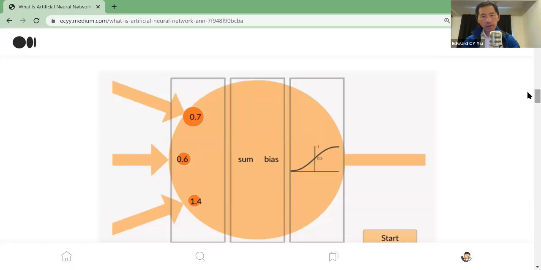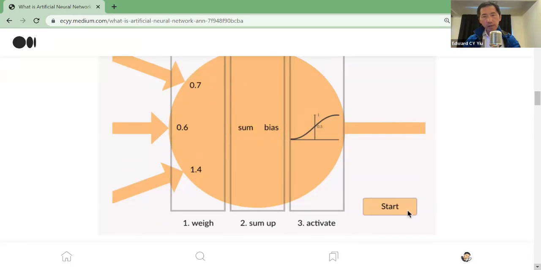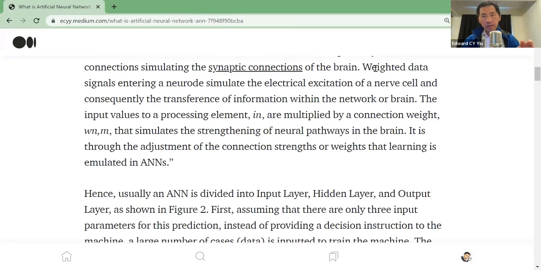So something looks like this diagram, right? We have on the left-hand side the input layer, and then in the middle there's some processing and then an activation function, and to pass through to the output layer. So basically it's based on the weighting of the input parameters. So here, let me continue the quote. Weighted data signals entering a neuron simulate the electrical excitation of the nerve cell and consequently the transference of information within the network.